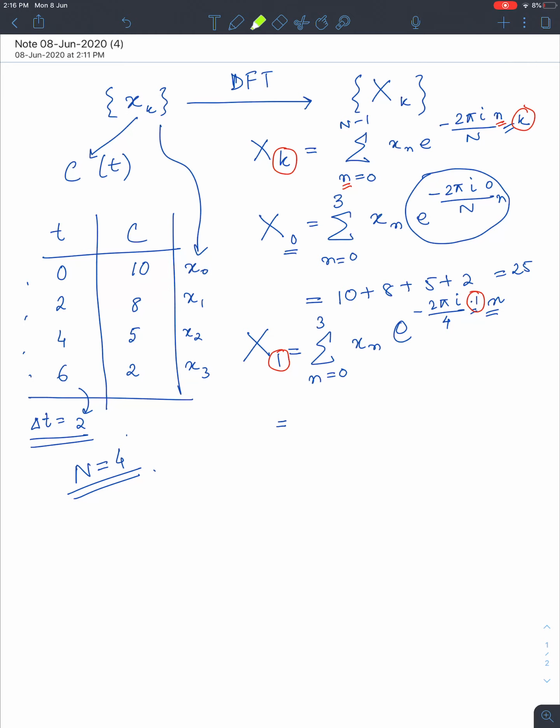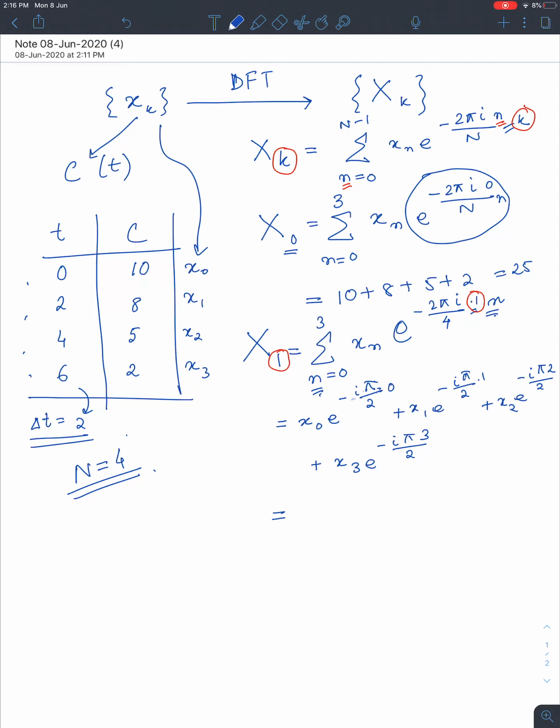This n and this n are the same. So n starts from 0: x0 e to the power minus 2 pi i over 4, which I can simply write as minus i pi by 2 into n. So that is x0 e to the power minus i pi by 2 into 0, plus x1 e to the power minus i pi by 2 into 1, plus x2 e to the power minus i pi by 2 into 2, plus x3 e to the power minus i pi by 2 into 3.